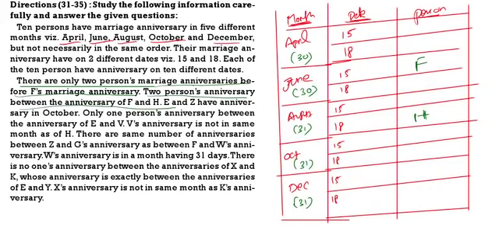Then E and Z have the anniversary in October. Only one person's anniversary is there between E and V. V is not in the same month as H. Taking all these into consideration, E and Z will be having the anniversary in October. Between E and V there is one gap. And V is not in the same month as H. So how can we take this?